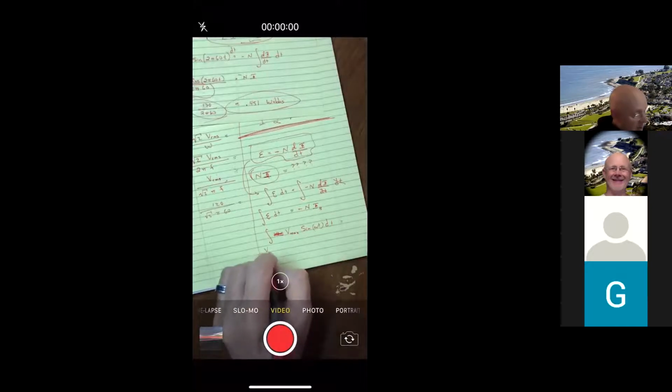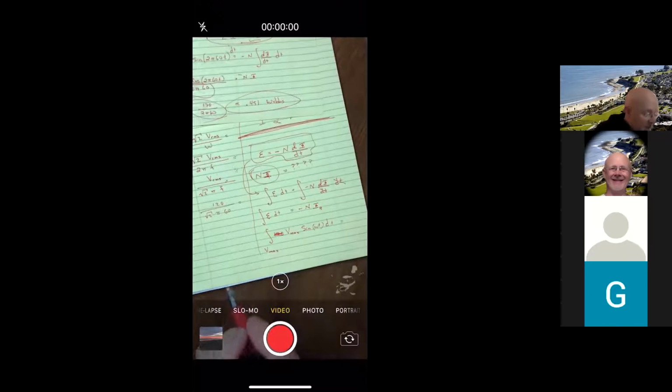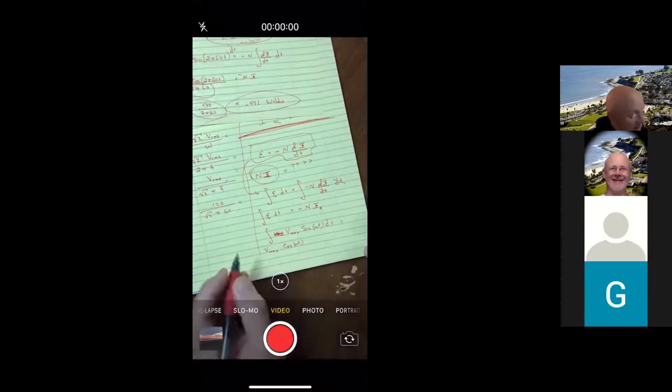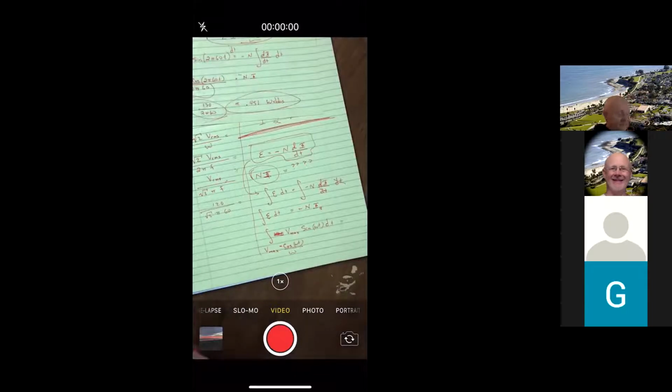And so doing the math here, I would just pull out V max, and then I would have to integrate a sine function. And the integral of a sine function is a negative cosine function over omega.